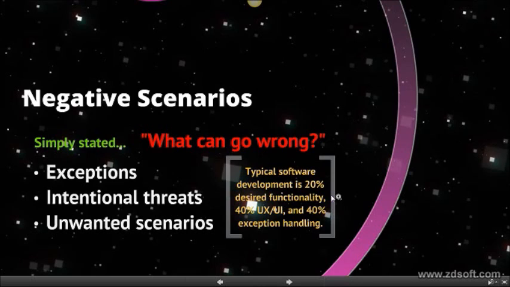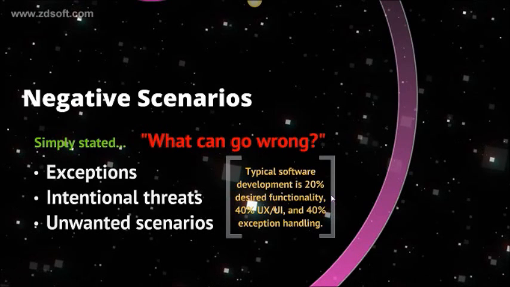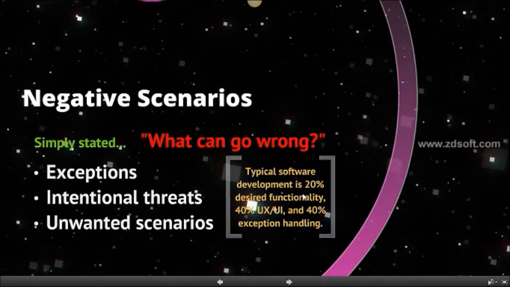So you need to make sure that if someone says, okay, it's going to cost you, I'll throw out a number, $400,000 to build this system for you, you make sure that this does include the functionality, does include the UX UI, and they're going to say, yep, it includes all that. And then you're going to say, well, how much percentage did you include for exception handling?